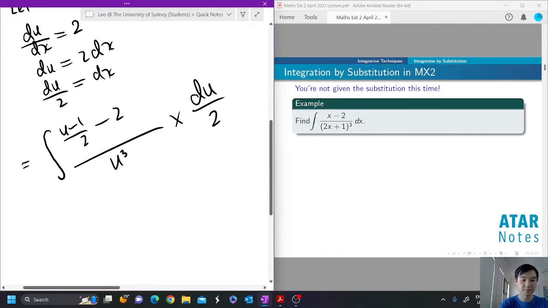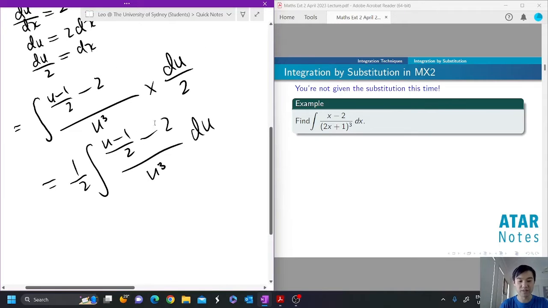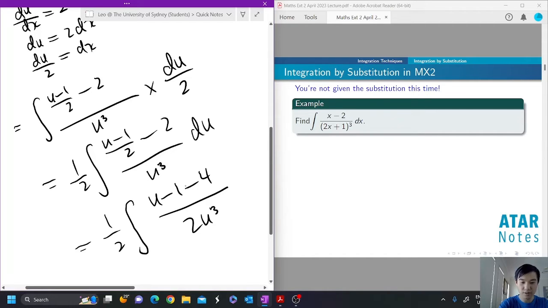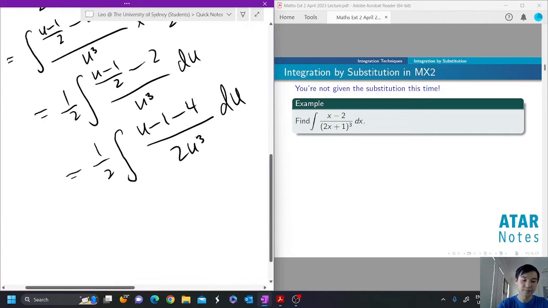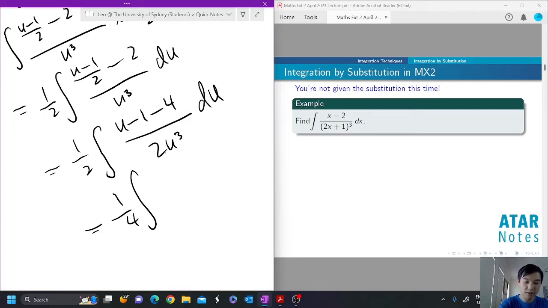So I can take out the half, so this is going to be (u minus 1) over 2 minus 2, over u cubed du, and then I can multiply the top and bottom of this fraction by 2, so it'll be half of (u minus 1 minus 4) over 2u cubed du, and I can take out this half as well, so it'll be a quarter of (u minus 5) over u cubed.